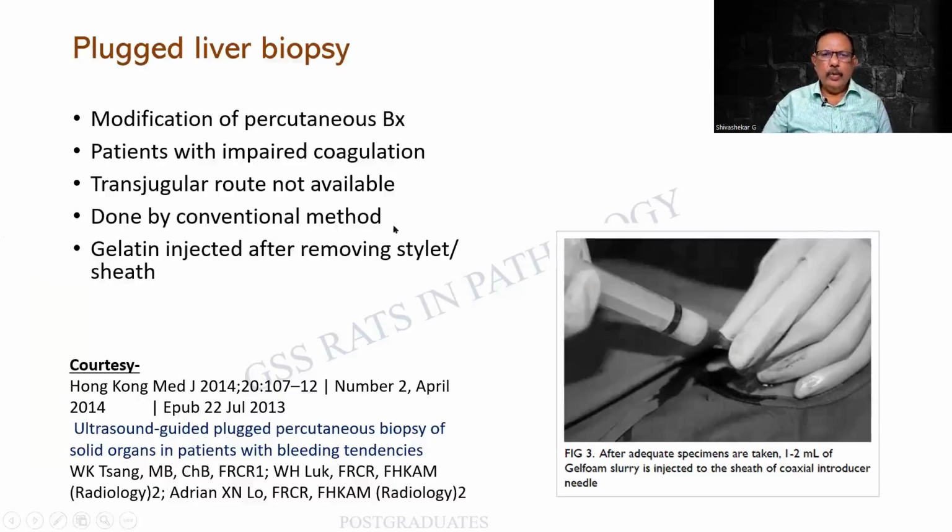It is done by the usual conventional method. Only thing, look at this picture over here. After the aspiration or the biopsy, gelatin is injected so as to seal the defect. And courtesy, this is the reference, you people can go to it. The picture is from the reference.